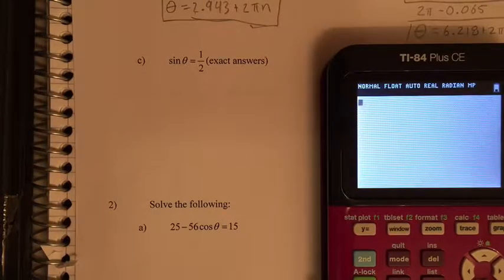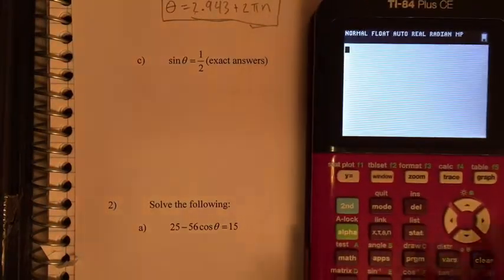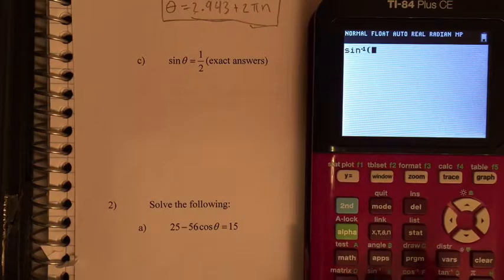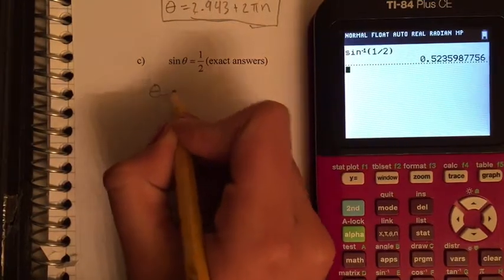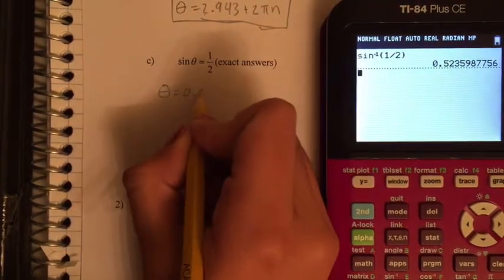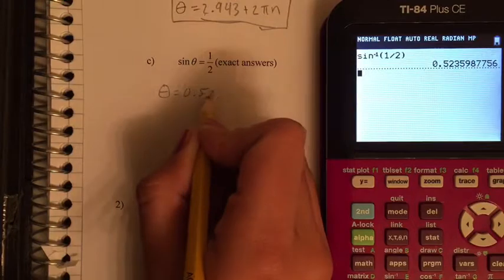So even though you might recognize that 1/2 does work out fine and it's special, we're still going to treat it like it's not special. So here you're going to go with your inverse sine and then plug in 1/2 and get your first answer that way with the 2 pi n.